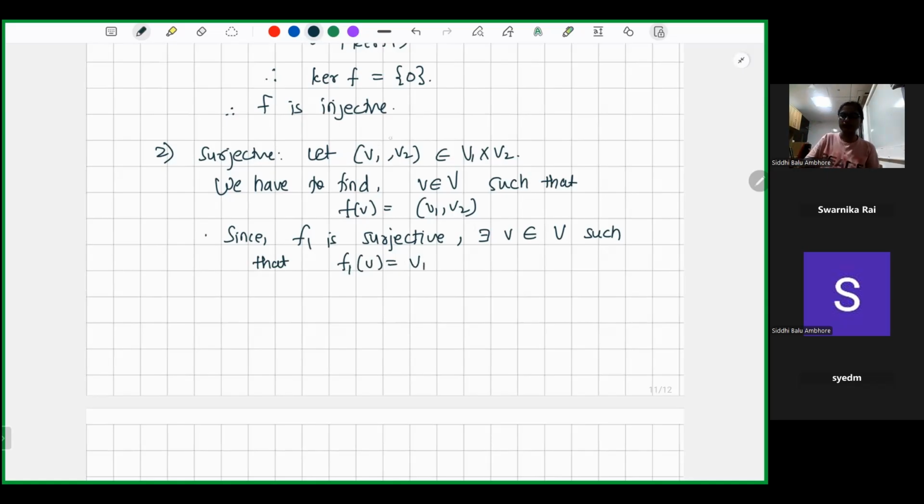This v1 belongs to this capital V1. Since f1 is surjective and v1 belongs to capital V1, there exists some v in V such that f1 of v is equal to v1. Is this okay? We are using surjectivity of f1.